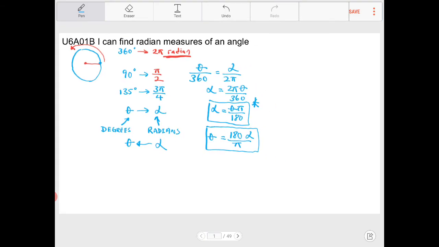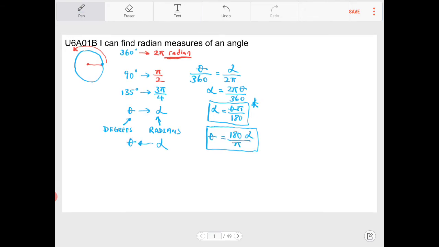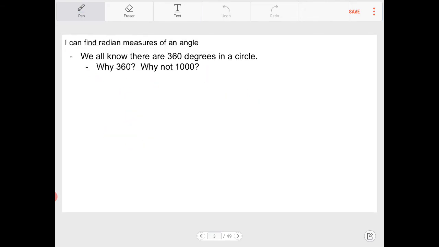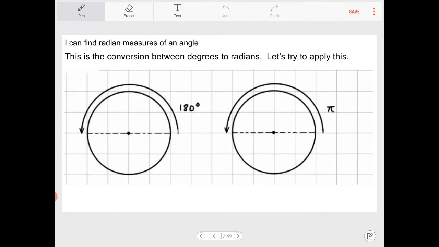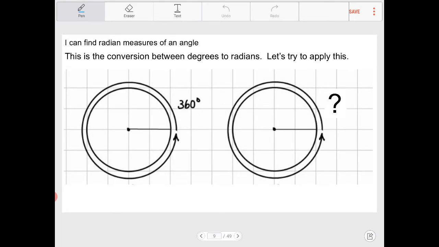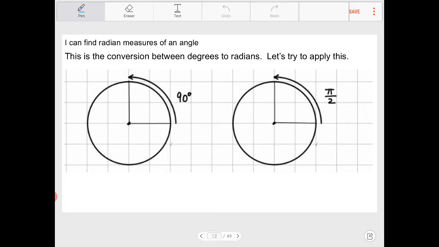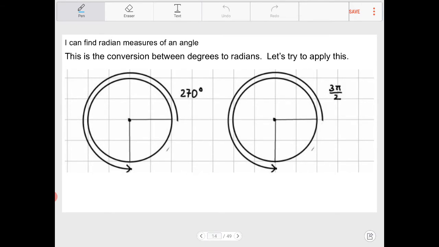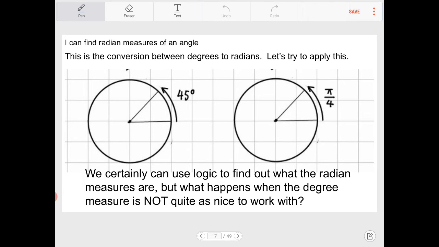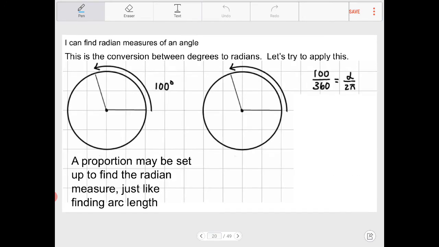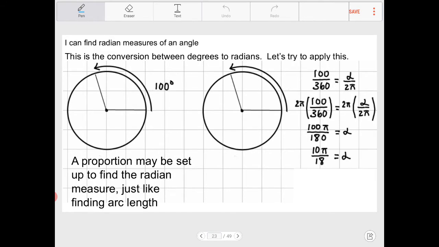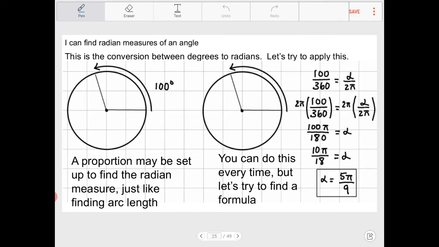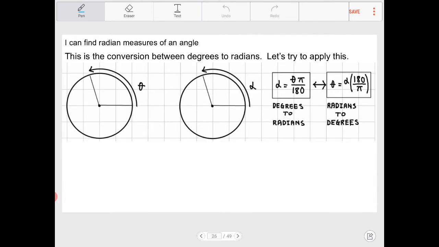All right, so let's take a look at some practice that we can do with this. I'm going to fast forward because we just talked about this. We also just talked about this, although slightly different problems, and we just developed the same formula. Let's take a look at some examples.